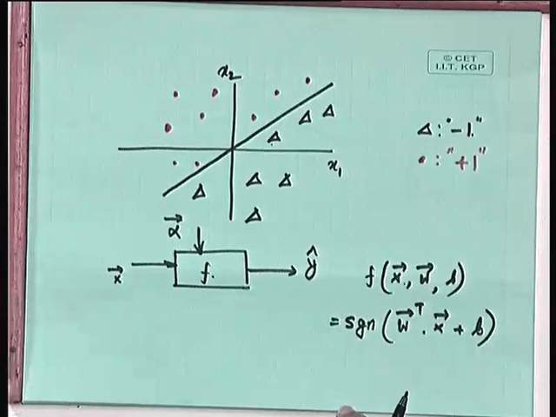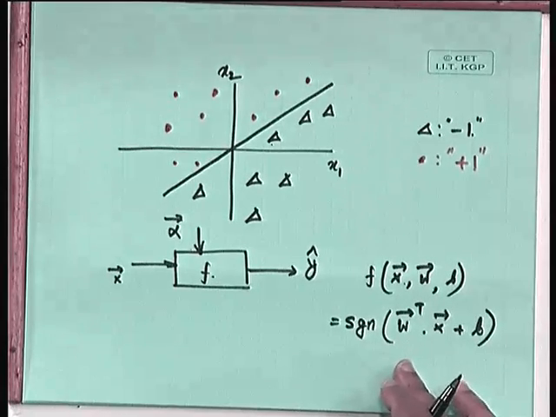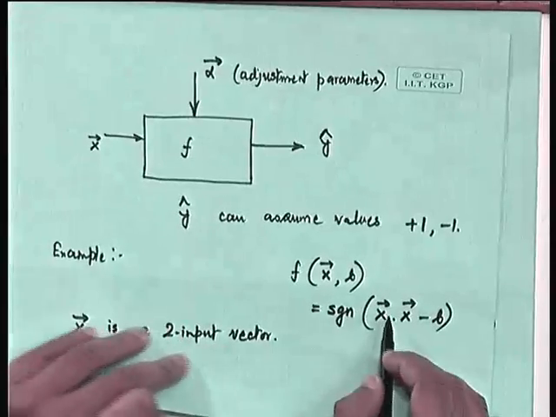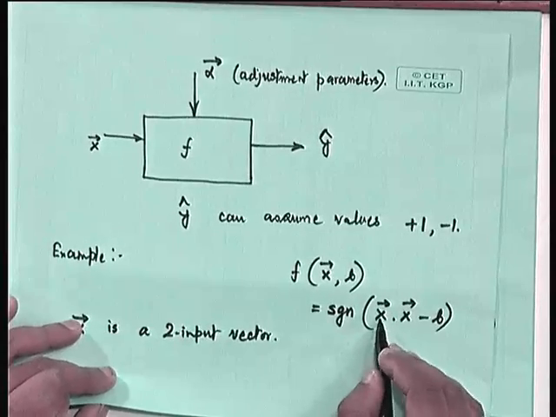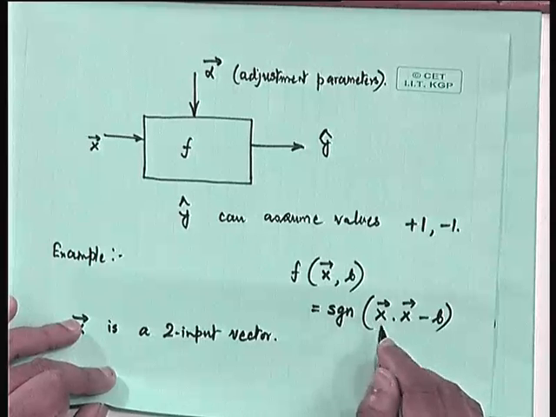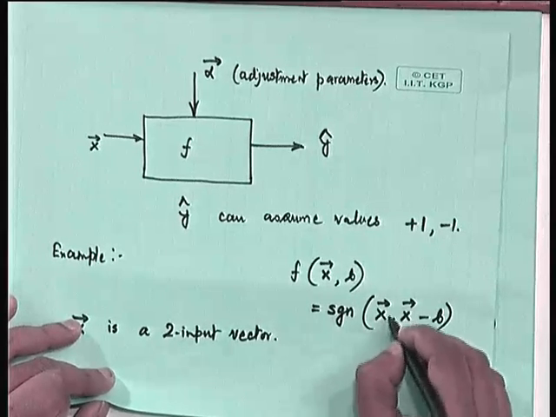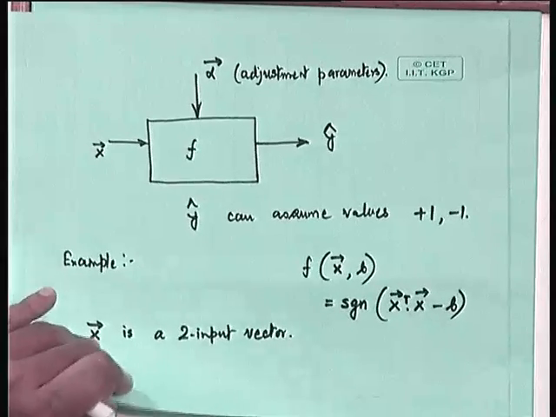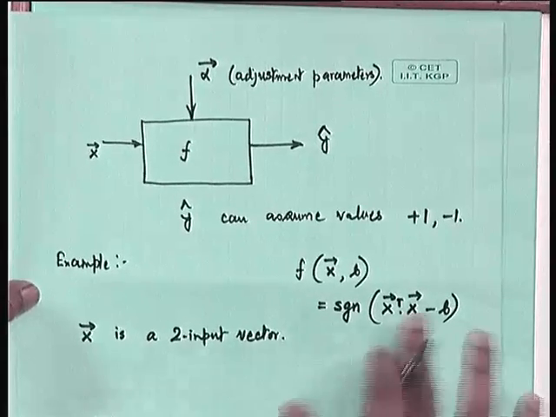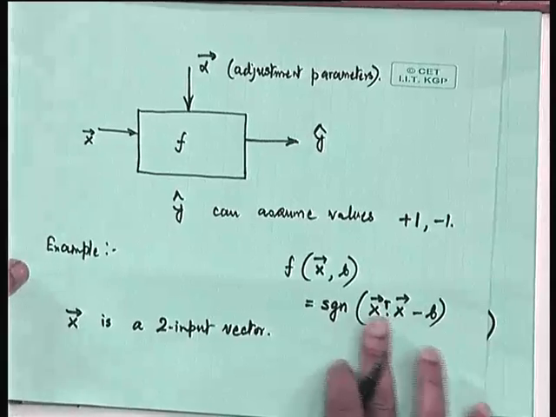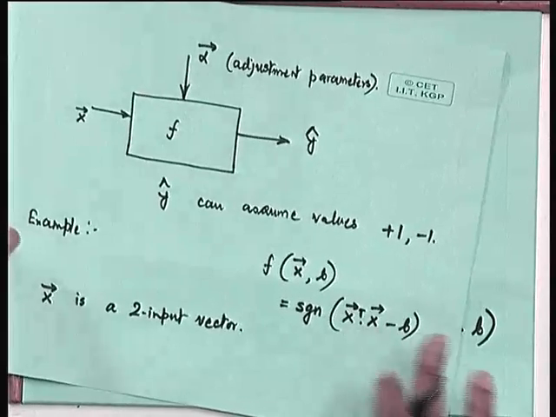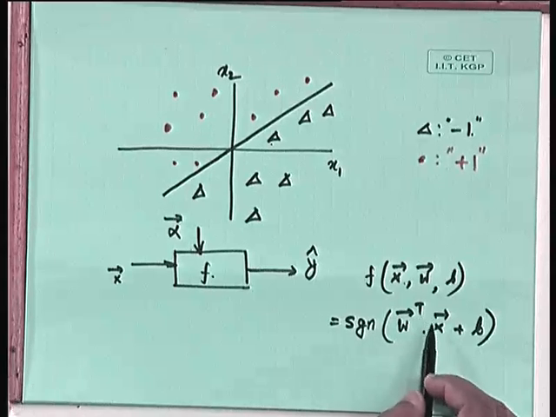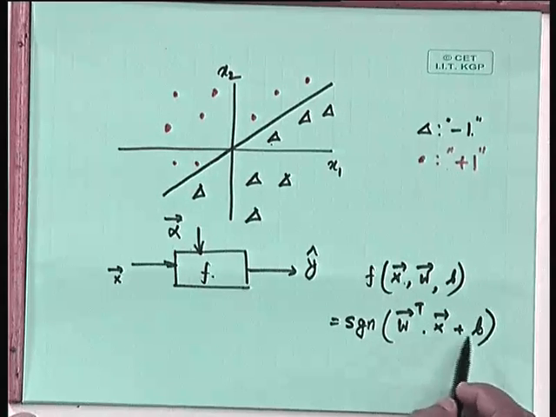In fact, this transpose type of representation would have been required here also. Since the x vector definition is a column vector, we should indicate this as x transpose x vector, so that it assumes the quadratic form. You can make this correction in the case of the circle, whereas in this case it is w transpose x vector plus b.